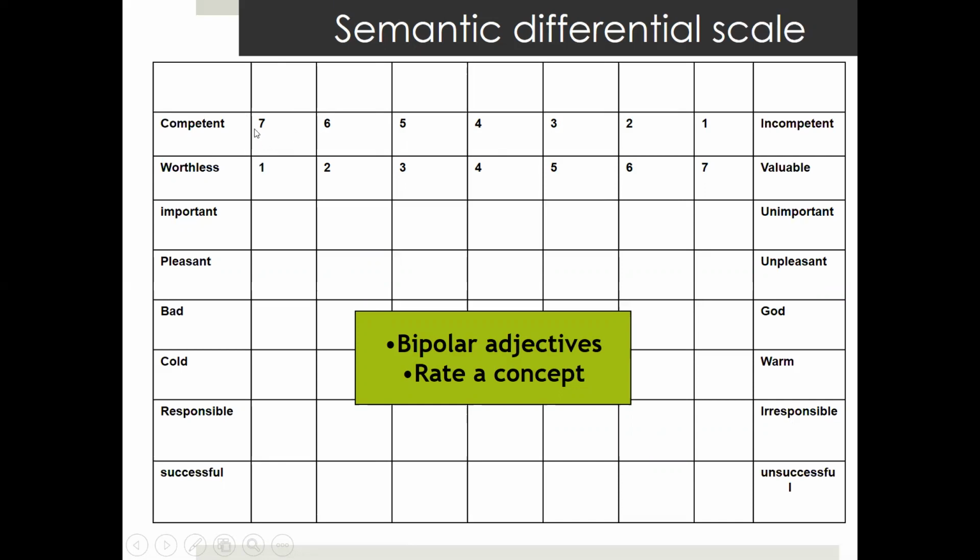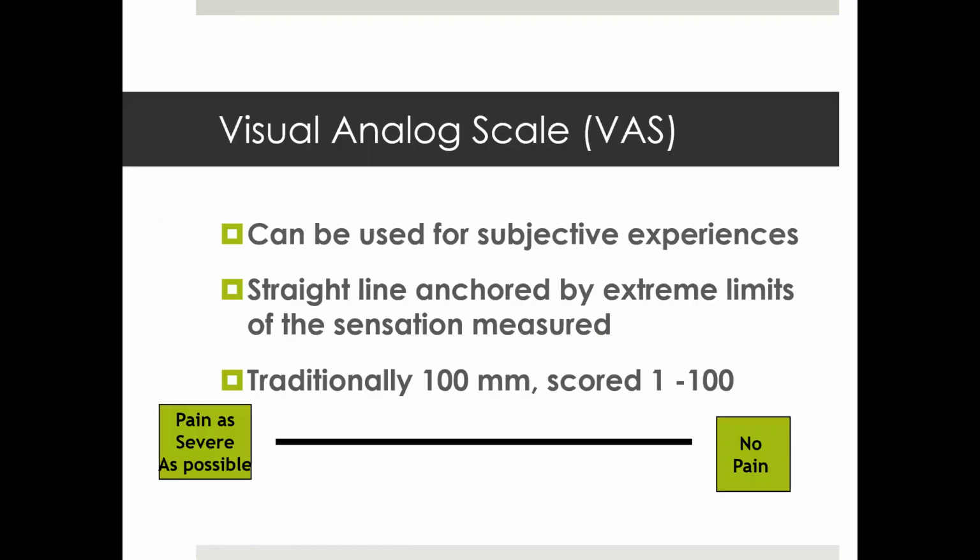Notice how in this one, competent is a 7 and valuable is a 7. Important would be the 7, pleasant is a 7, good would be a 7. I don't know where they would put warm and cold, but I tend to think of warm as the 7. So once again, the way you code these is important to the results that you get.